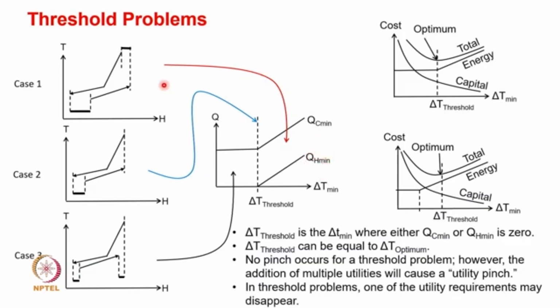So, if you move these curves parallel to each other, what we can see is that the delta T min of course changes. The delta T min would reduce, and it would reach the delta T threshold. And at this point, this is a case of one particular threshold where we see that you don't require any additional hot utility here.